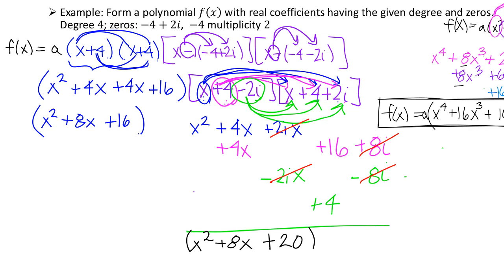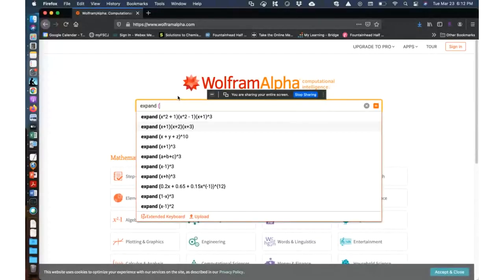I'm going to show you my desktop real quick. Okay. So this is going to be what we're looking at. And I'm going to plug in that equation that we had. So it was x plus 4.